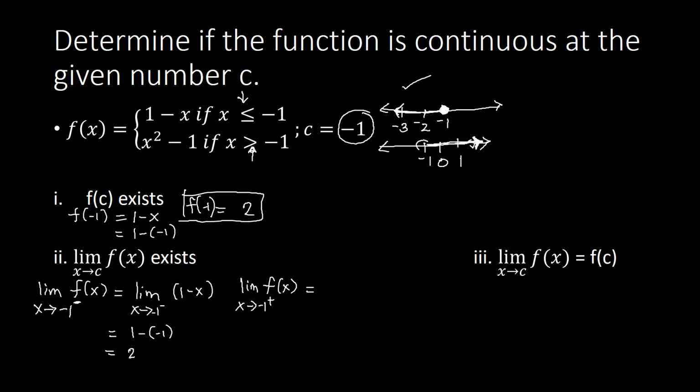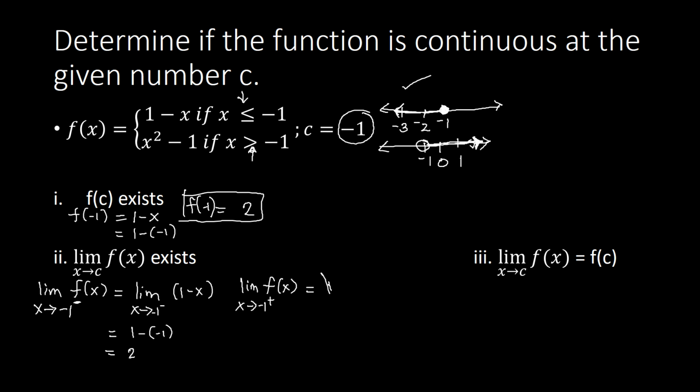But we do not include negative 1. So the values coming from the right side and moving towards negative 1 fall under the domain of the second function, so we will be utilizing the second function.